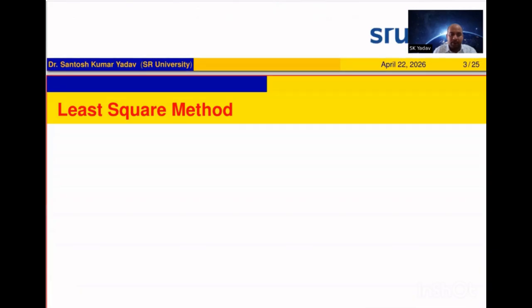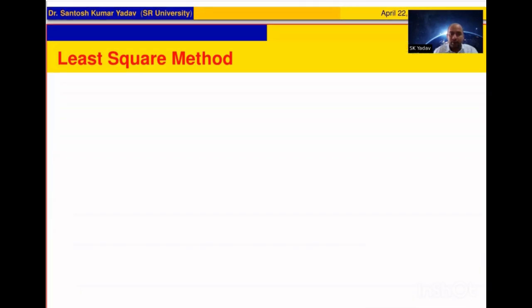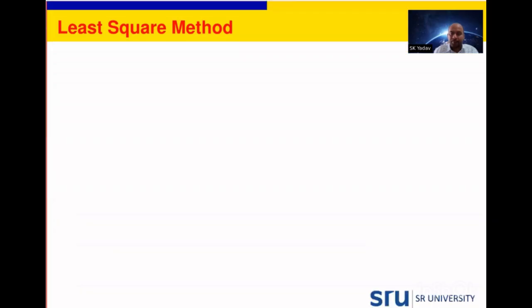So let's see what the least square method is. What is our task in regression analysis? We have to fit a model. Let's talk about the linear line. The model is y equal to a plus bx, and the data will not exactly fit this.